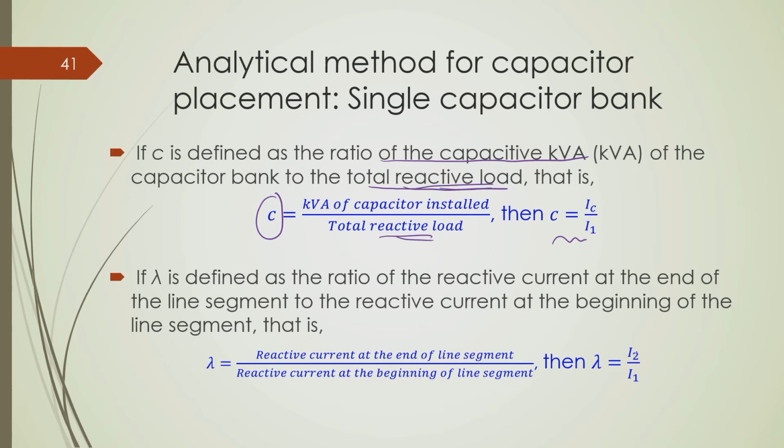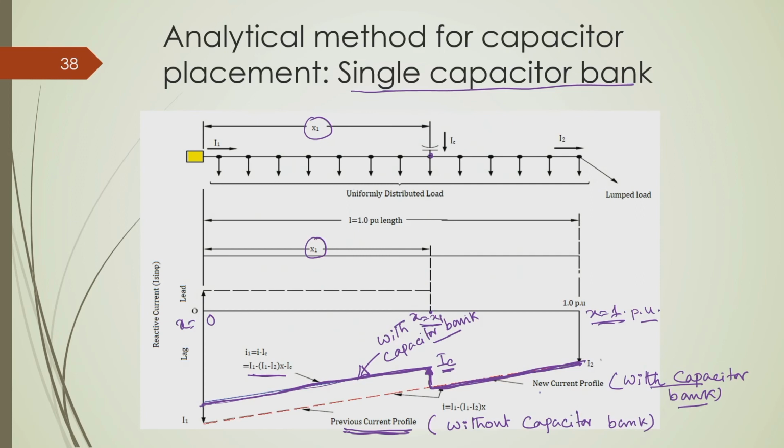Of course, it is reactive load, because it is only the out of phase component of the load current. And this ratio I2 by I1, where you can remember I2 is basically the reactive current or out of phase component of the current at the end node, and I1 is the reactive current or quadrature component of the current at the substation end.